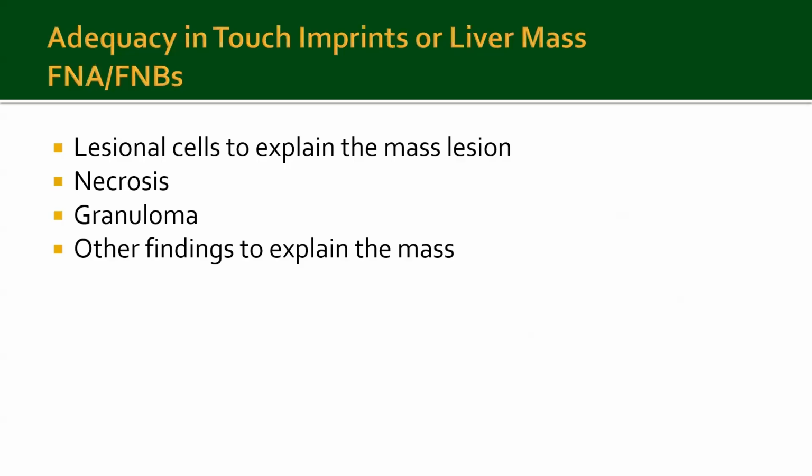So the adequacy in touch preps or FNA, FNBs is that the lesional cells have to be there, which is to explain why the lesion is there. If there's a lot of necrotic debris, if there are granulomatous formations, or just other findings to explain the mass, like if there are numerous blood vessels, it could be a hemangioma, anything like that.